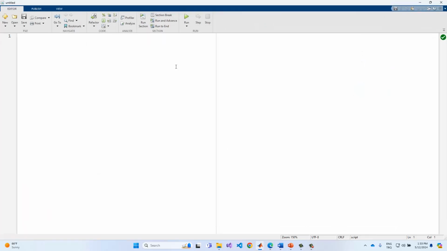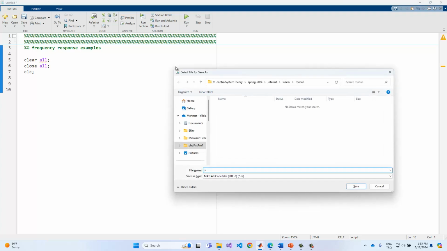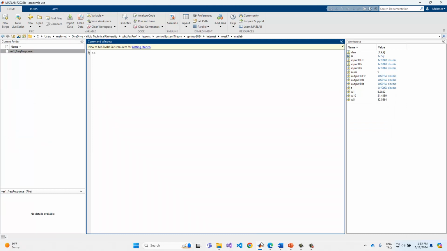So we can create a new script in here, and then frequency response examples, clear all, close all, clc, and save it as one frec response .m, okay? I'm sorry, this could be changed, okay?